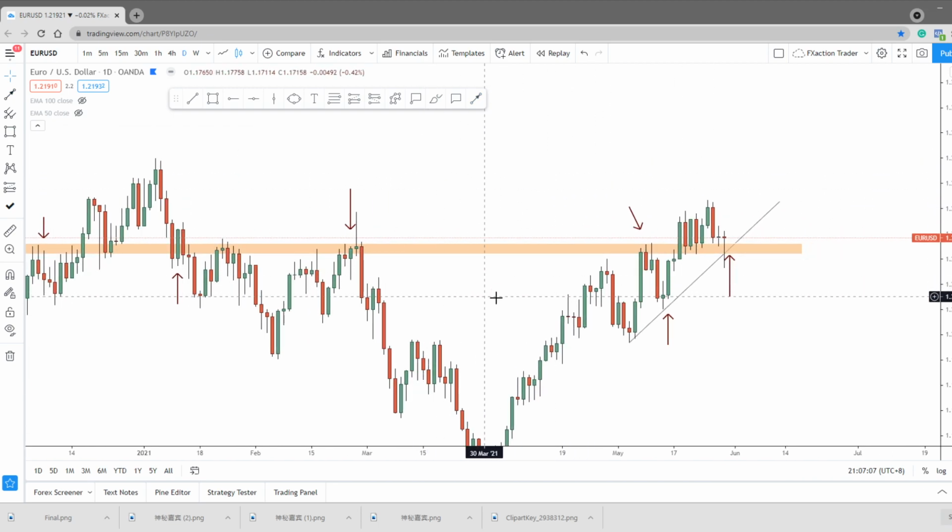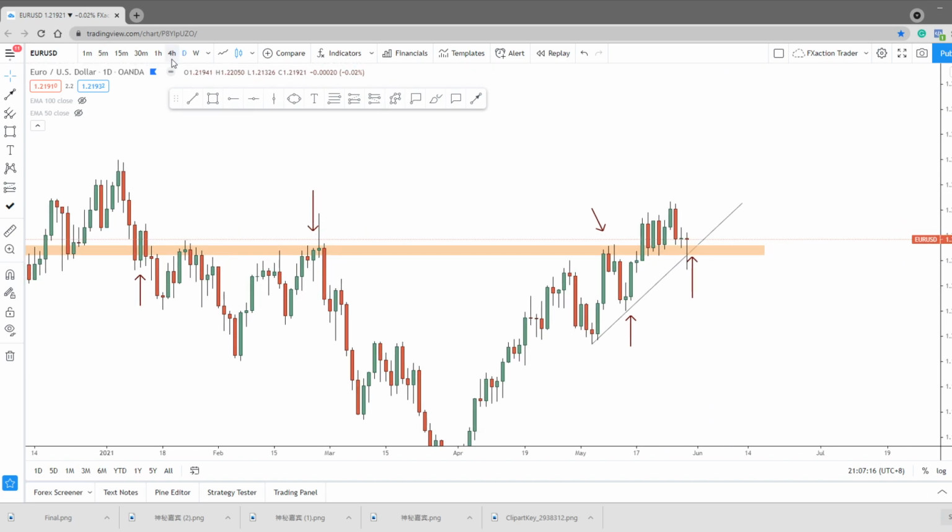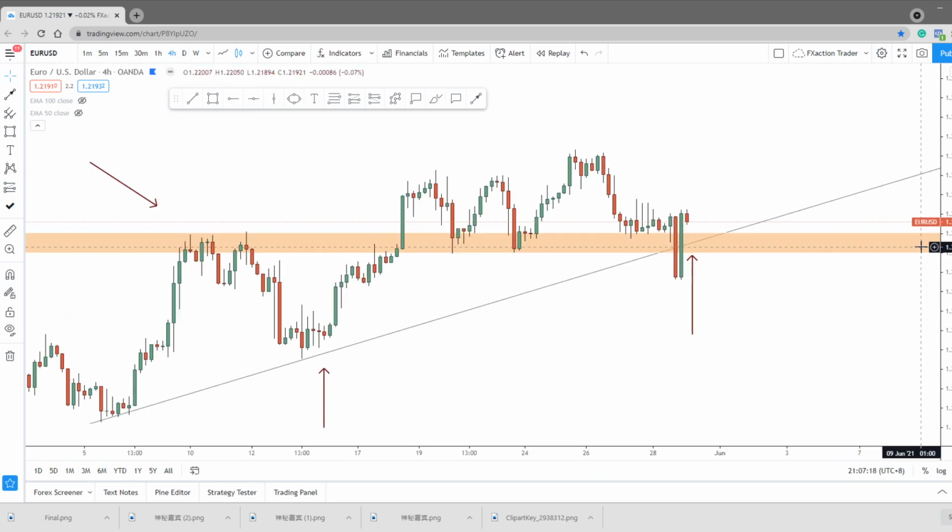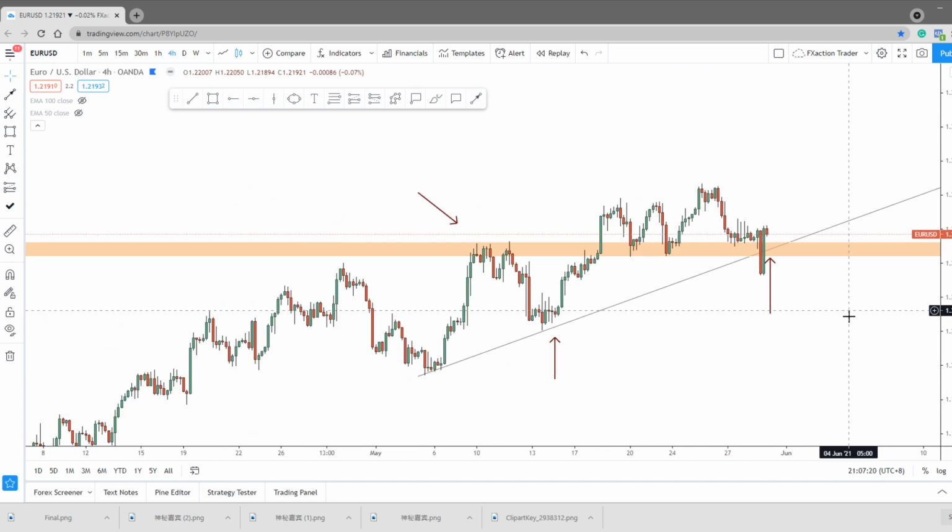And now the market is going to turn around in this zone. So this week, if we go to the H4 time frame, we can see a better picture.